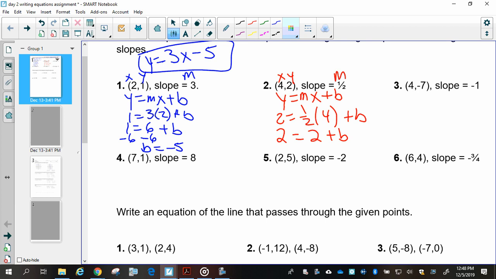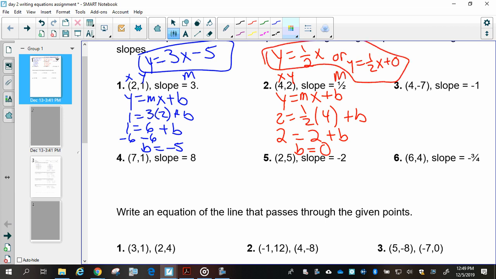Because you subtract 2, so b equals 0. What's our equation? y equals 1/2x. And you can put plus 0 if you want. Either one.